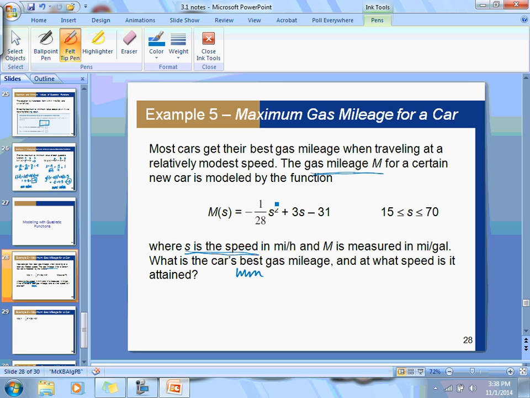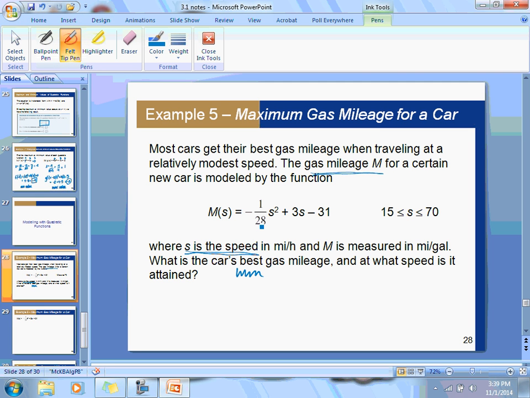Our leading coefficient here is negative 1 over 28, so that tells me that this parabola opens down. Okay, so that means that your gas mileage is going to get better up to a certain point, and then it's going to get worse after you go past that point, if the parabola is opening down.